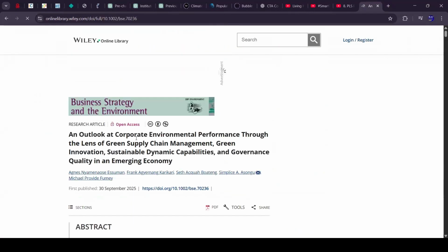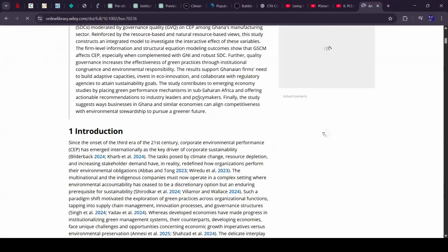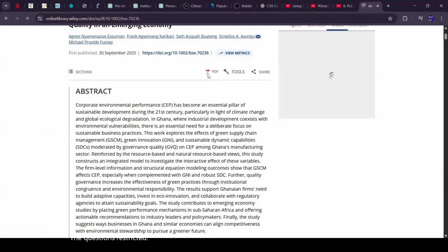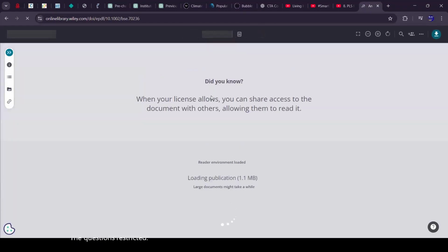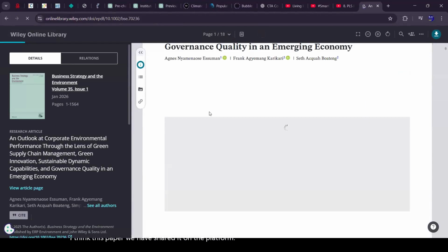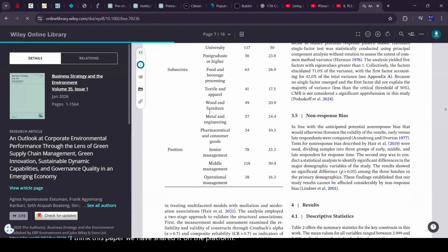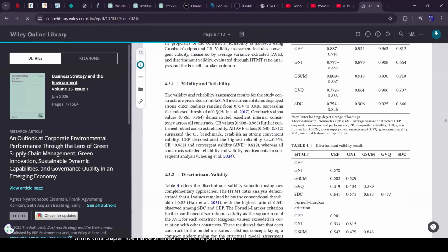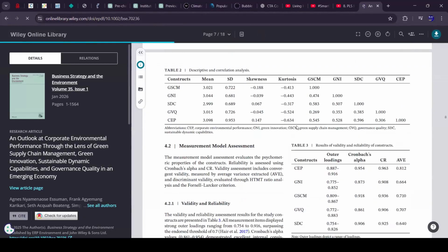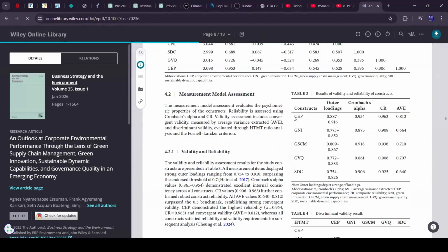I want to check if the questions were stated. I think this paper we have shared on the platform. Okay, we didn't do that. Normally, some studies do share the indicators in here.